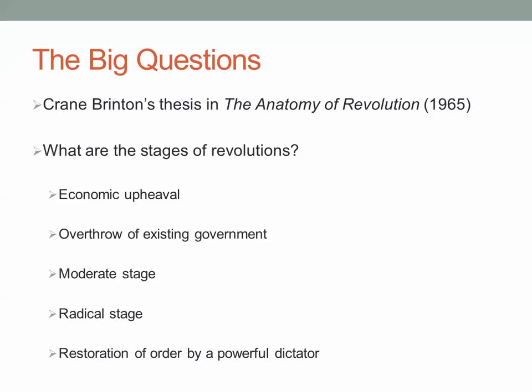And then violence against the moderates occurs by more radical members of the rebels, and we go to the radical stage. So revolutions progress from a moderate stage to a radical stage. And then things go so much out of control that we need a powerful dictator to come and restore order.